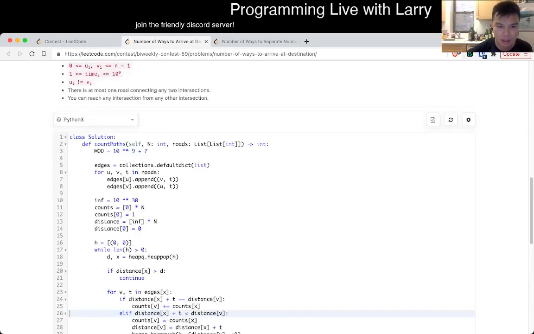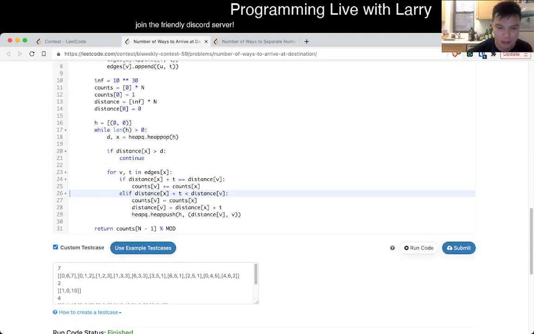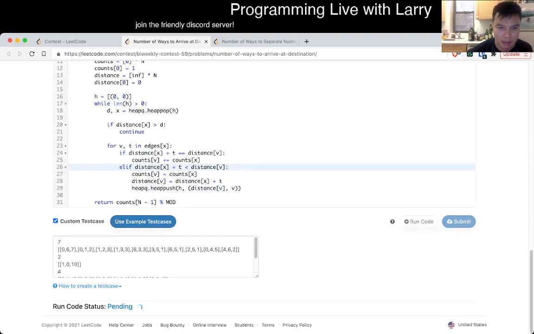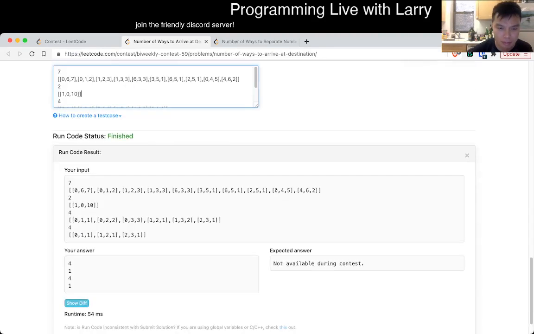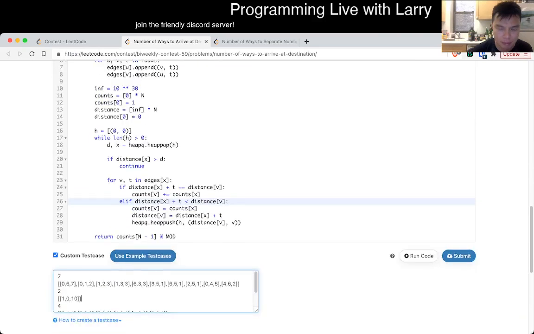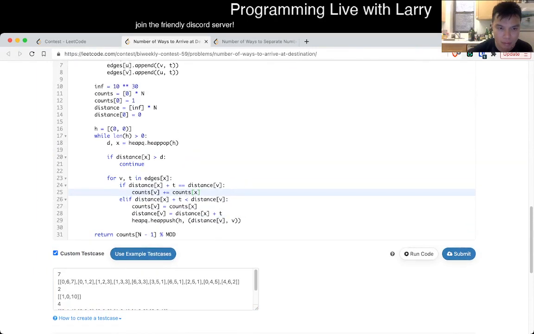Can we do that? I guess so. It should only be 200 times time, so maybe I don't need to mod until the end. Would that matter? Come on, why? How? How is this all?